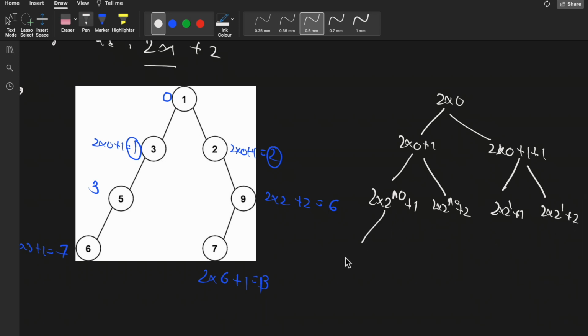So similarly here 2 into 2 power 1 plus 2 plus 1.